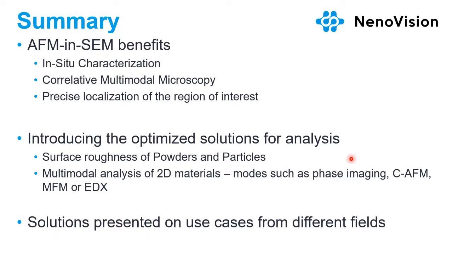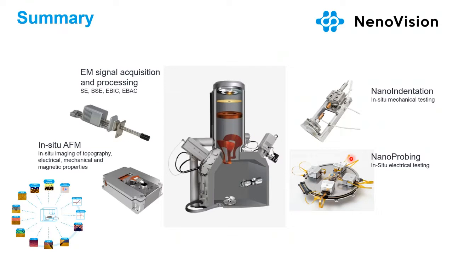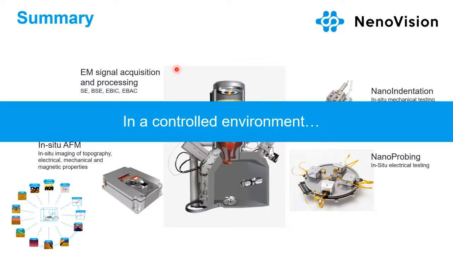And we presented this solution on different use cases from different fields. And if I summarize, so you can imagine it, we use SEM as a controlled environment, and we can use all the functionalities which are added to your SEM.